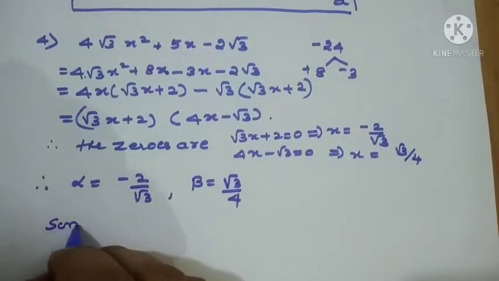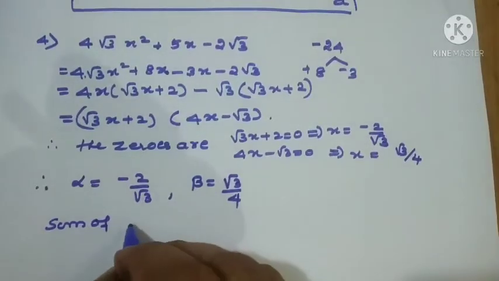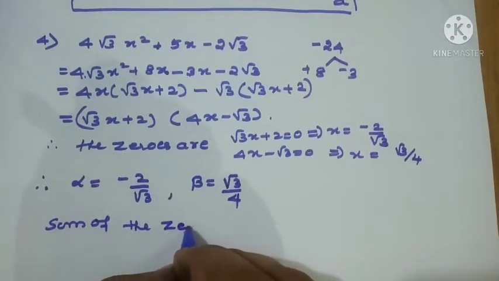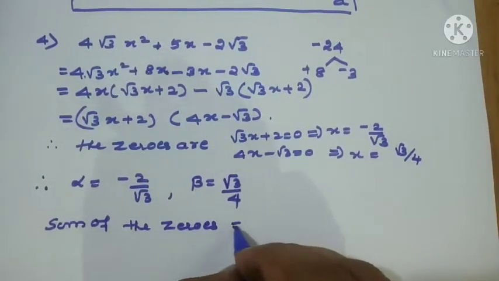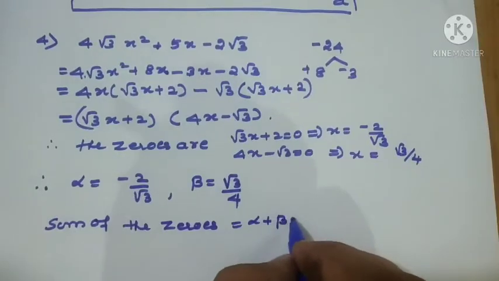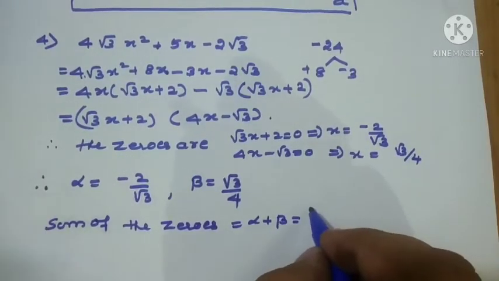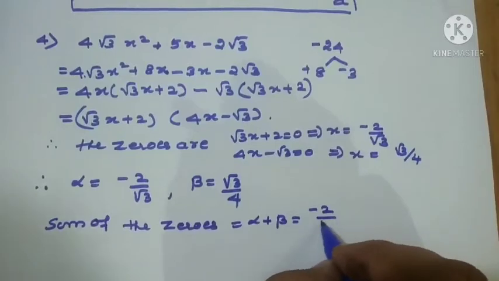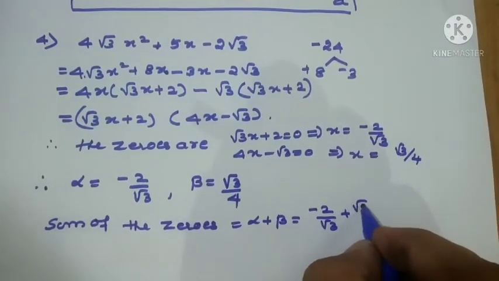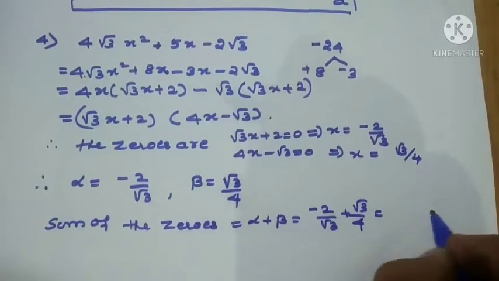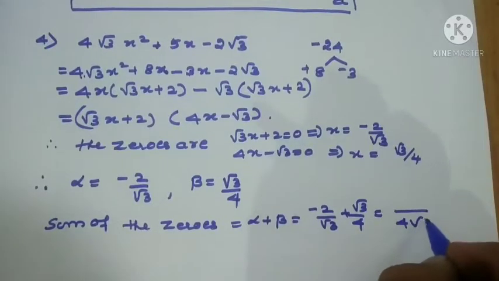Next, sum of the zeros. Alpha plus beta equal to minus 2 by root 3 plus root 3 by 4. Take the LCM as 4 root 3.